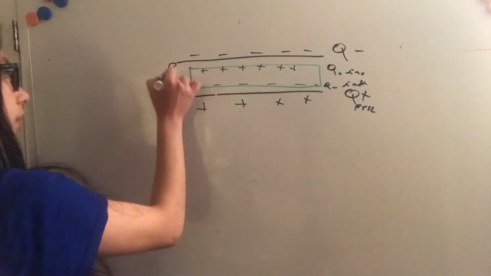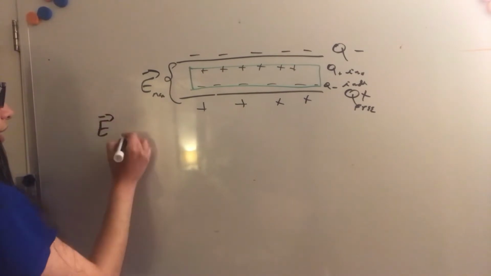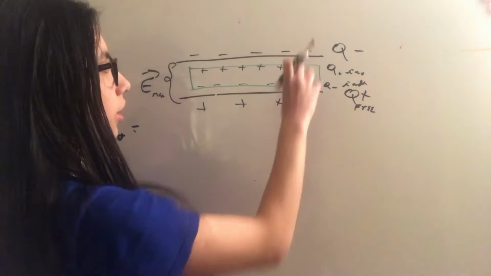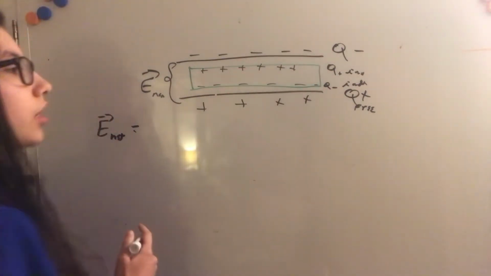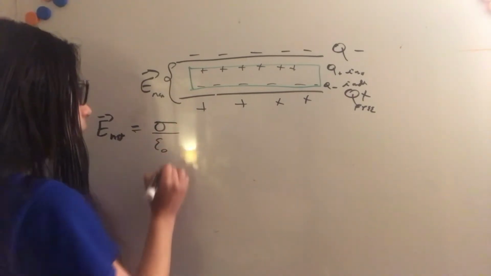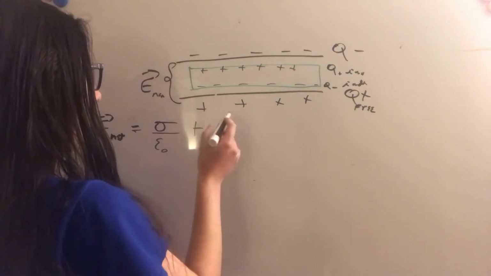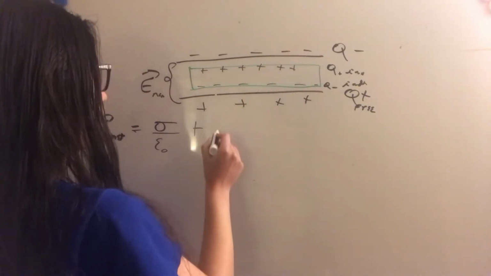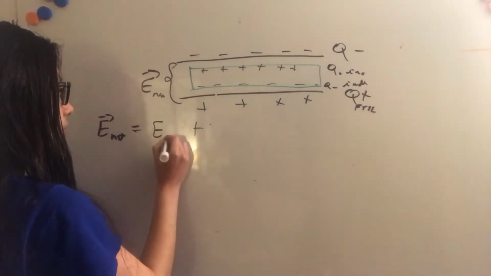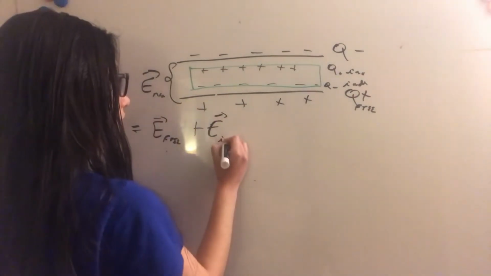The total electric field here, or the net electric field, is the electric field produced by the free charge, the Q free charge, that is just sigma divided by epsilon naught, plus the electric field produced by the induced charges. So let me put first the free electric field and induced electric field.